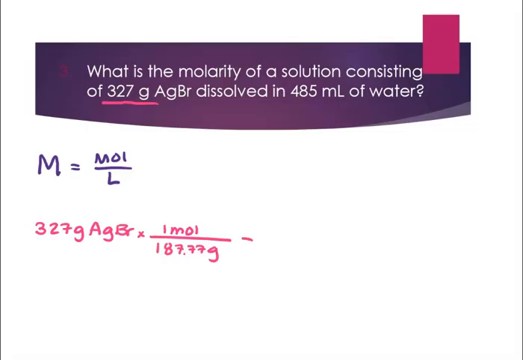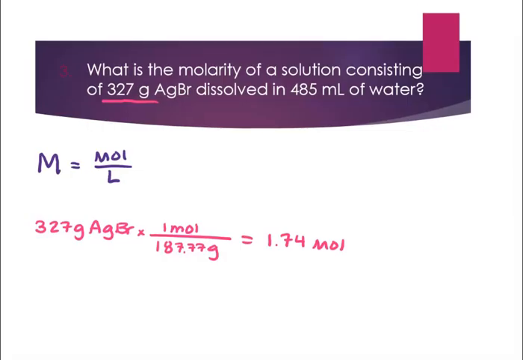All right, so we're going to do this math, and we get 327 divided by 187.77, and I get 1.74 moles. And then we're going to look at our volume. Our volume is not in liters like we want it to be, it's in milliliters. So we're going to do my milliliters, and my conversion is 1 liter is equal to 1000 milliliters.